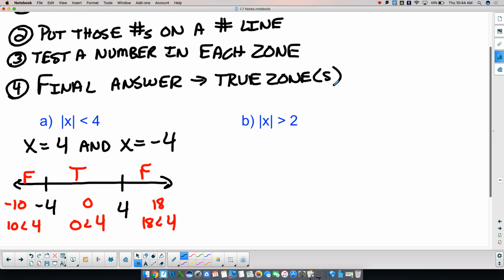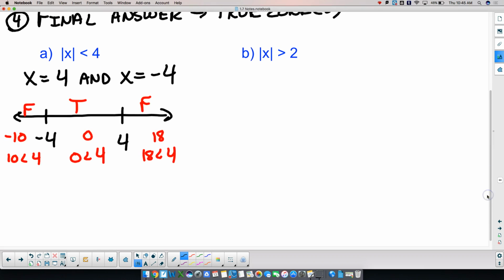Okay. My final answer is going to be anywhere that that's true. So in this particular case, my final answer here is going to be, because this up here was just less than, I'm going to have open dots, and it's going to be in between them.